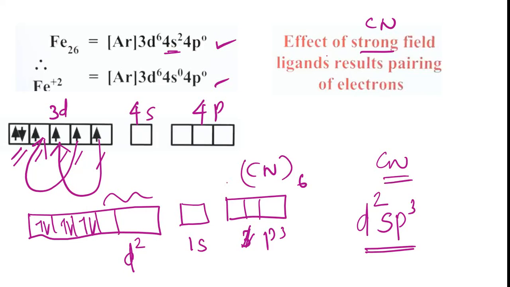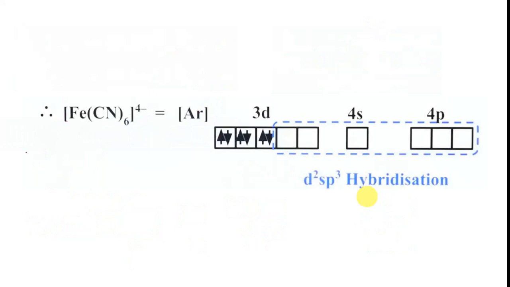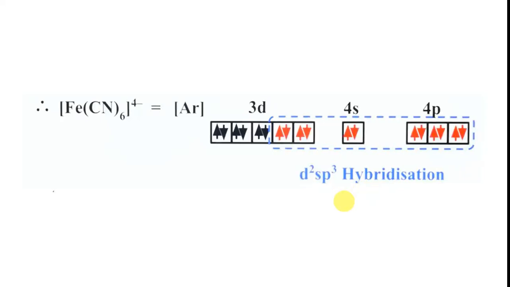So in these places, the CN is placing its electrons. CN is bonded to the central metal atom, right? So look here. These places become empty because the electrons present here are forced by the CN ions to get paired with these 2 electrons, where you get d2sp3 hybridization.